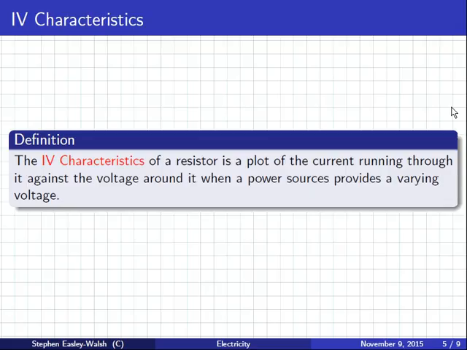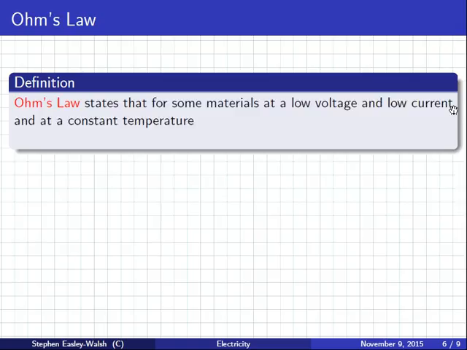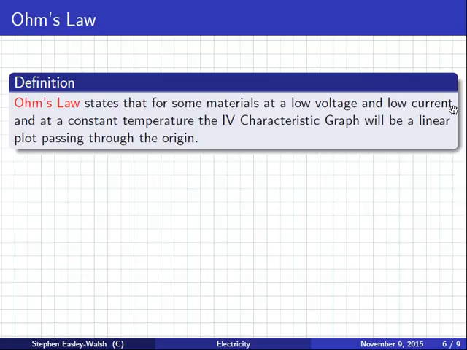Right, great. Now, Ohm's law, don't write it just yet. Ohm's law says that for some materials at a low voltage and a low current and a constant temperature, the IV characteristic graph will be linear.